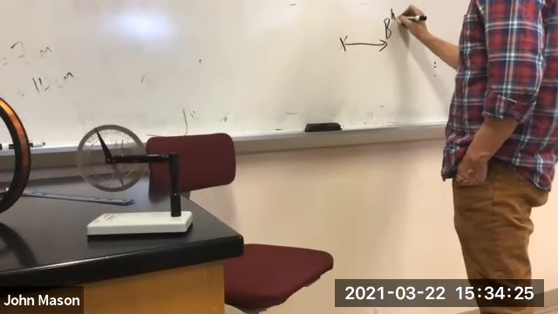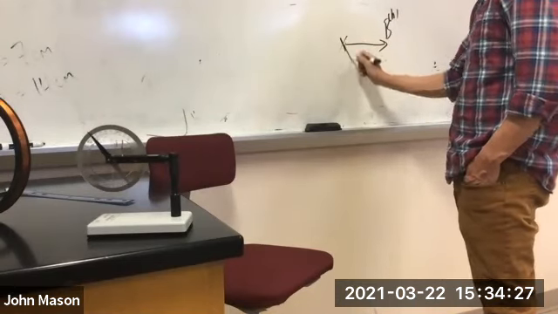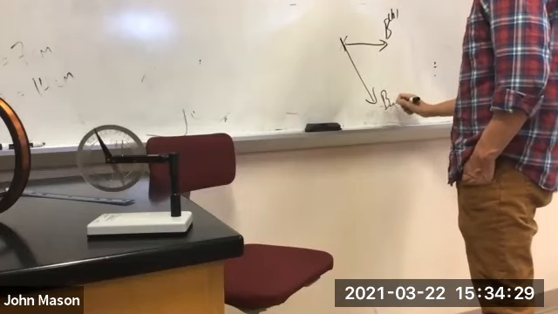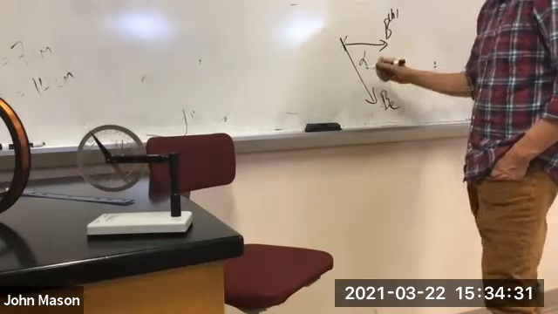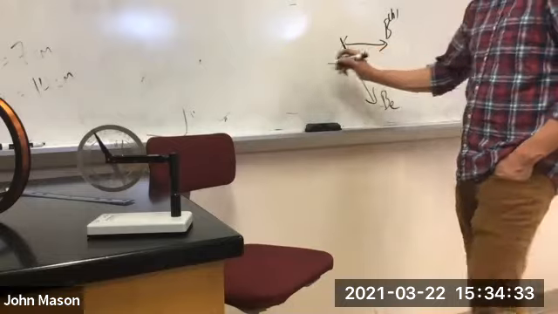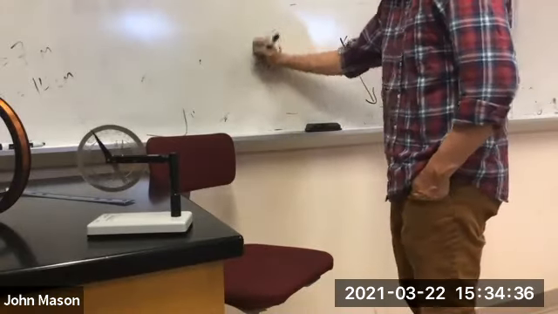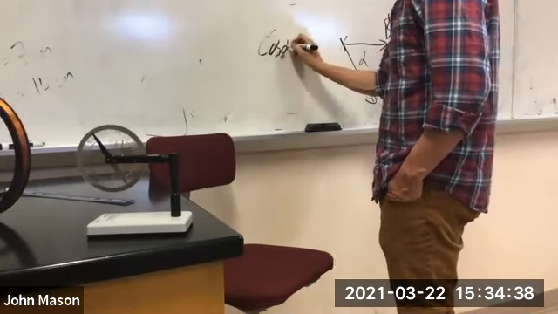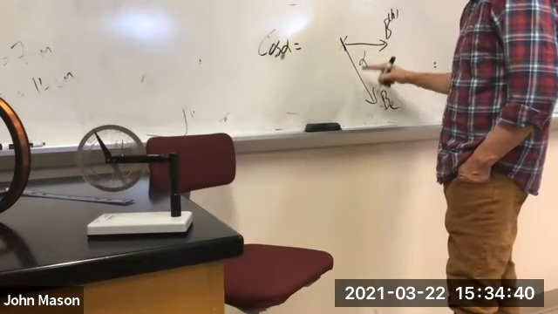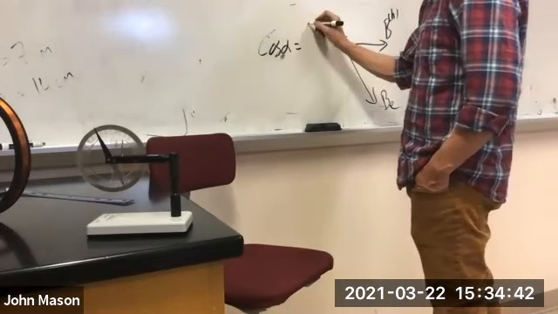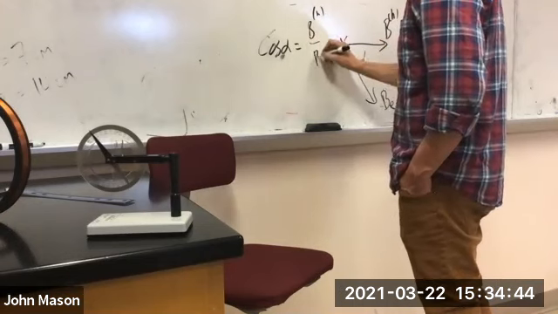We have our horizontal B field like this, but we've got the full B field of the Earth like this, and it's dipped some angle alpha. And so cosine of alpha is adjacent over hypotenuse, or BH over BE.